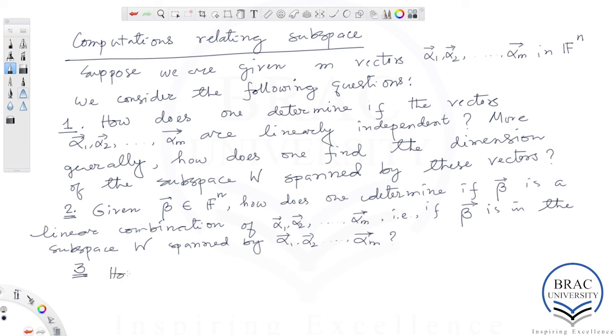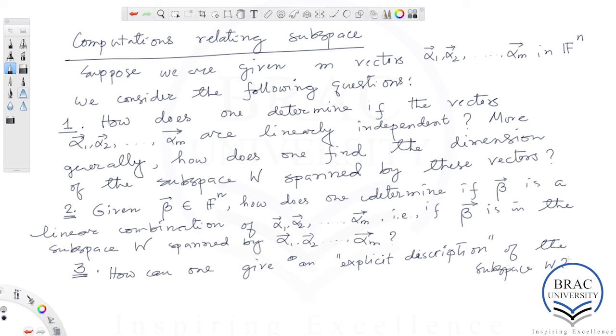How can one give an explicit description of the subspace W?